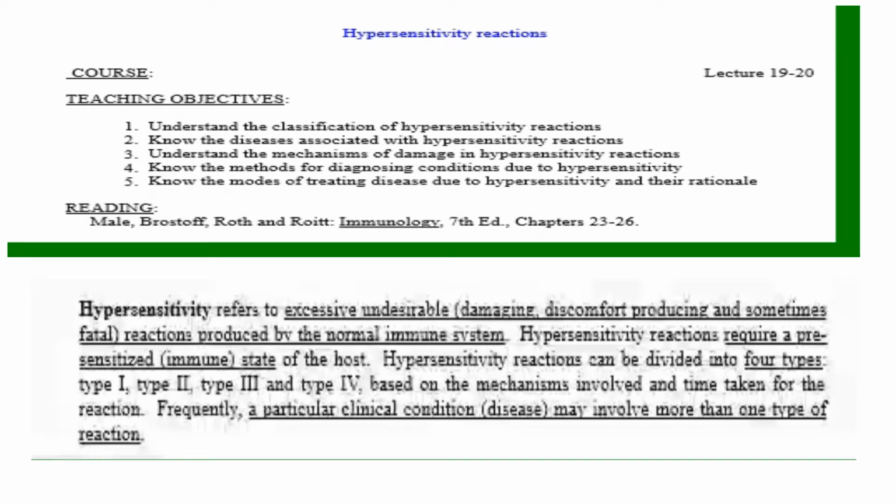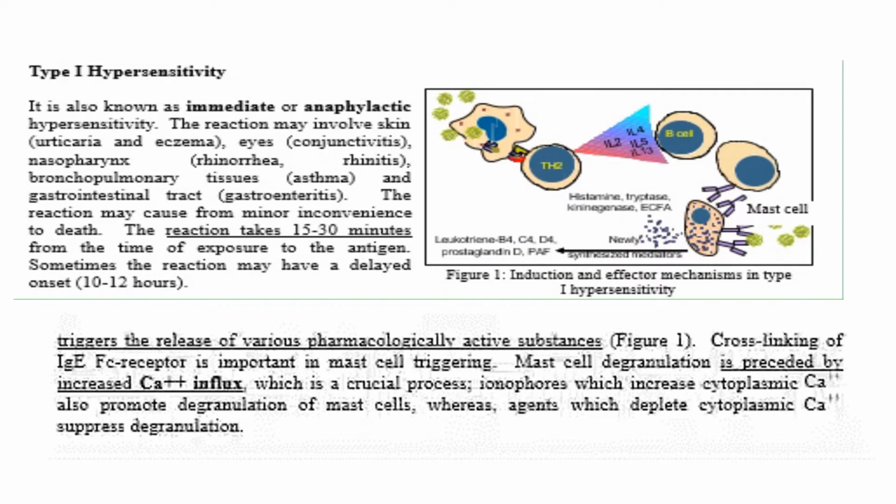Frequently, a particular clinical condition may involve more than one type of reaction, as will be seen later on. Now, what is type 1 hypersensitivity reaction? Well, it is also known as immediate or anaphylactic hypersensitivity reaction.